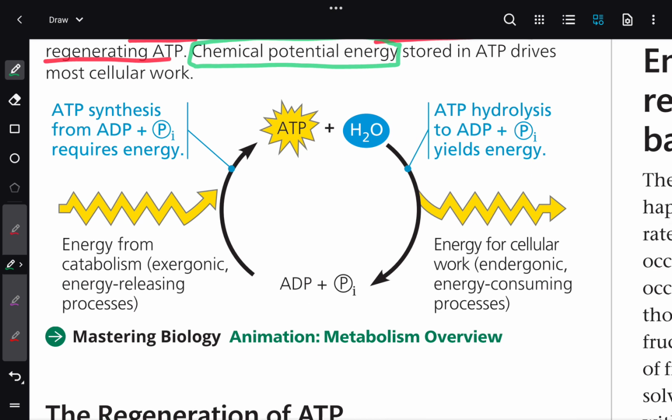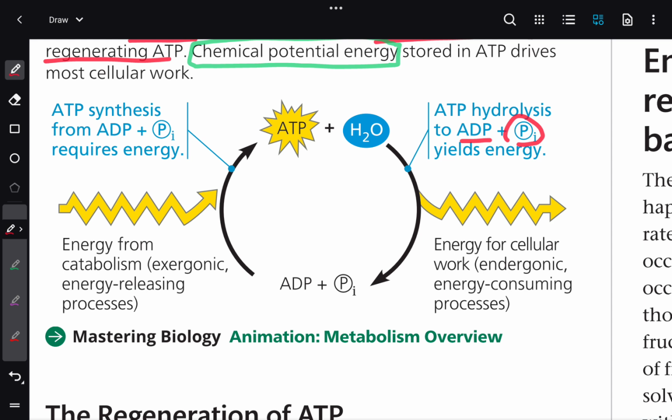Now, if we look at the details of this, we have ATP and water, which is the ATP hydrolysis. The ATP hydrolysis always releases ADP and an inorganic phosphate group, which yields energy. This is now energy for cellular work.